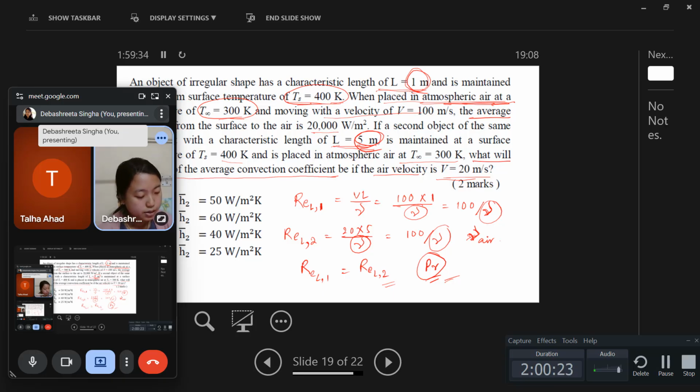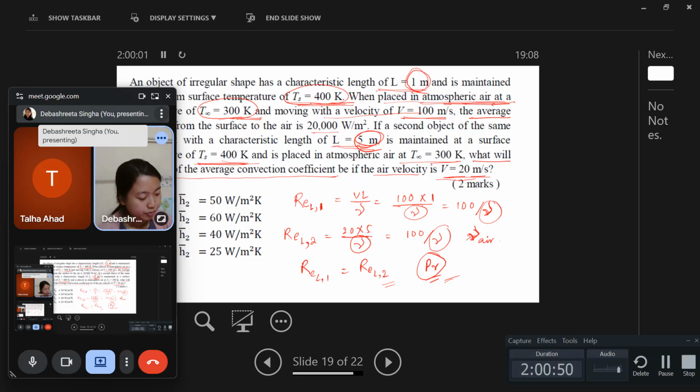Then the surface temperature is given for the first object as 400, and the outside temperature is 300, which will not change. For the second object also it is the same, surface temperature is 400, outside is 300. Now they have given the velocity at which the air is moving, in the first case 100 and in the second case 20.